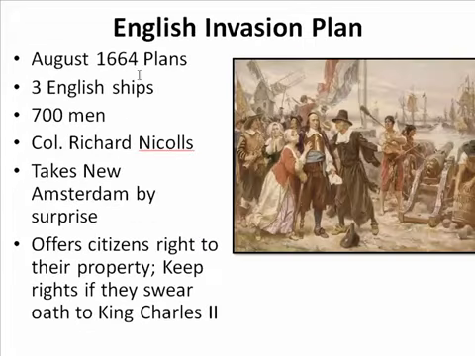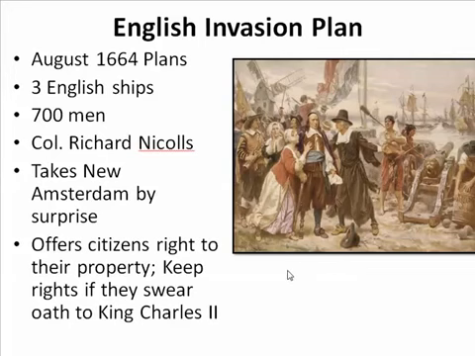In August 1664, Nichols has 3 English ships with 700 English soldiers, and they go to New Amsterdam and they call some citizens onto the ships, and they offer the citizens the right to keep their property.